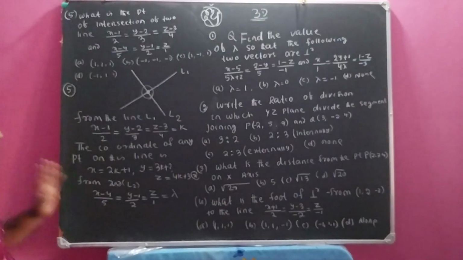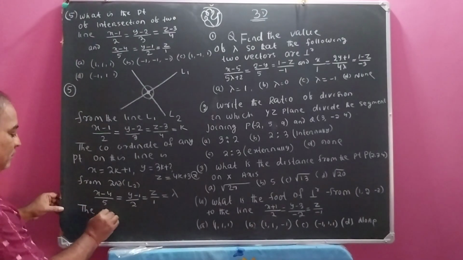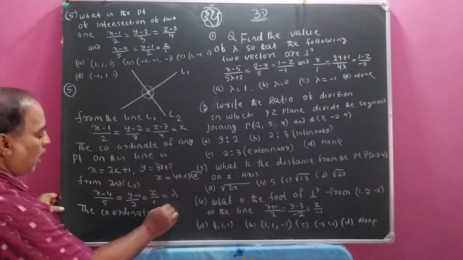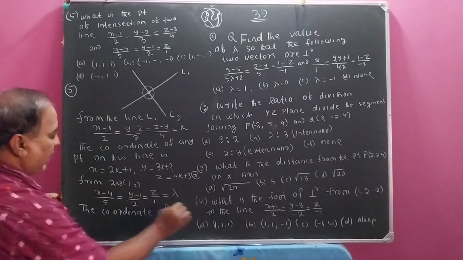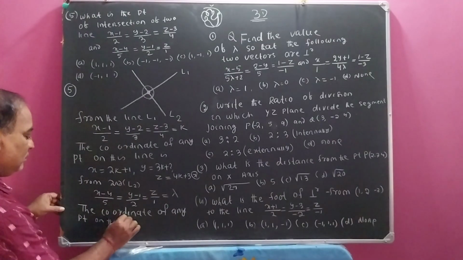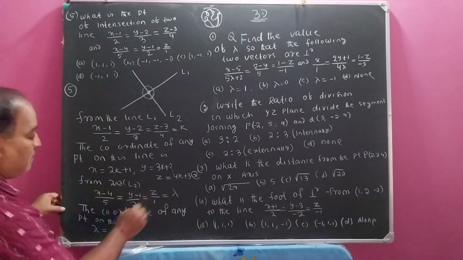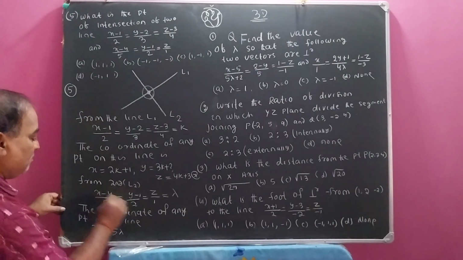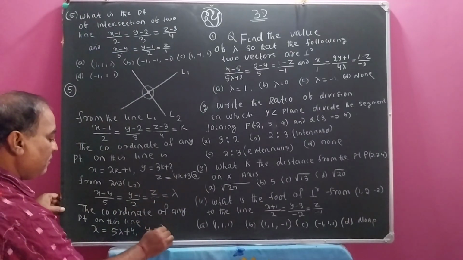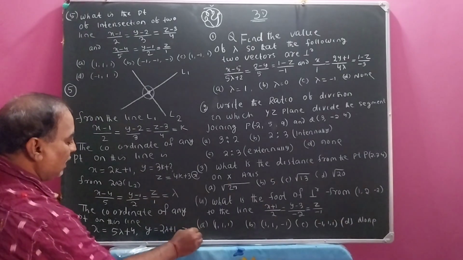The coordinate of any point on this line is x is equal to 5 lambda plus 4, y is equal to 2 lambda plus 1, z is equal to lambda.